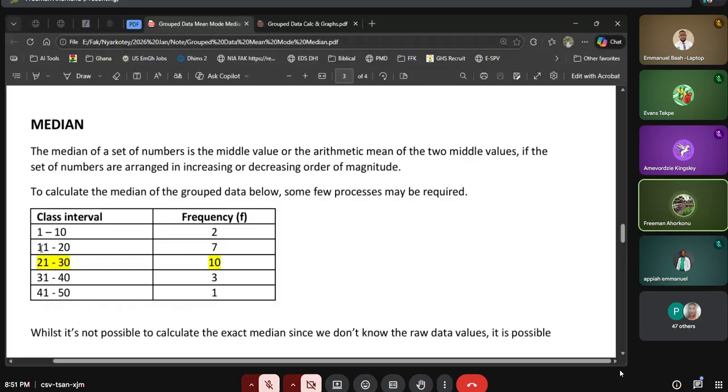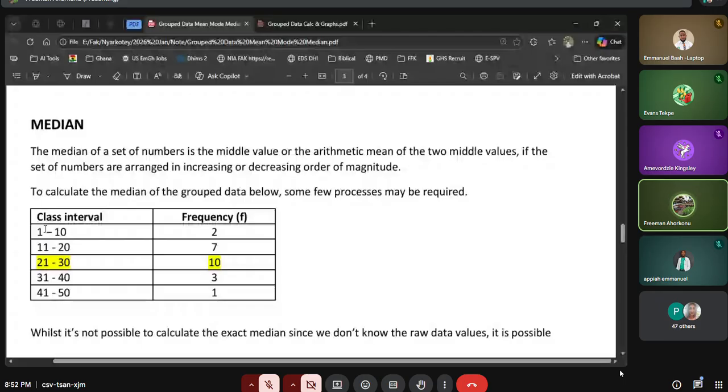So we are saying L is the lower limit of the median class. The median class is 21 to 30, and the lower limit is 21. So we've gotten our L already. N is the total frequency, that's summation F. Then we have the cumulative frequency of all the classes before the median class.